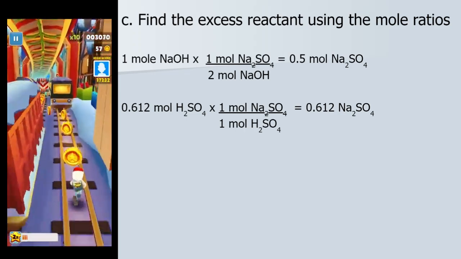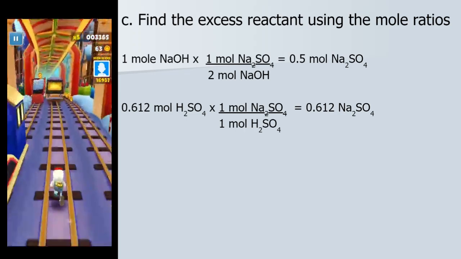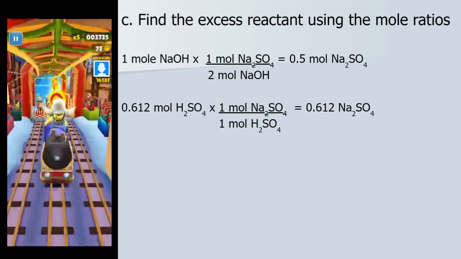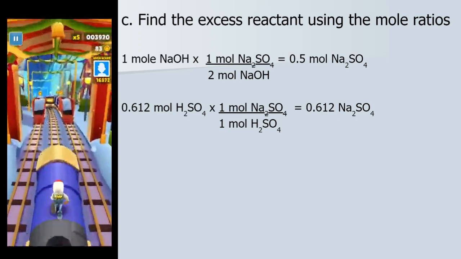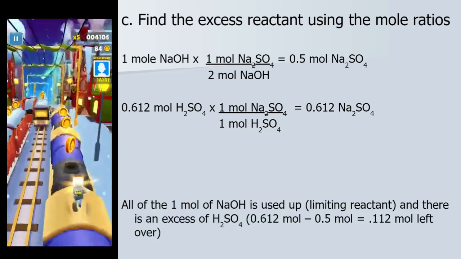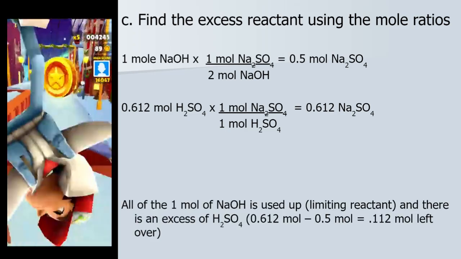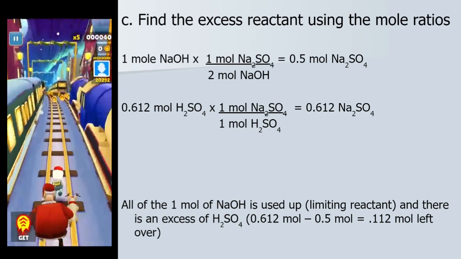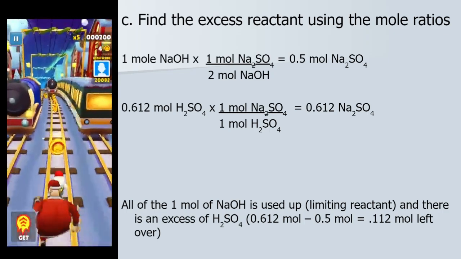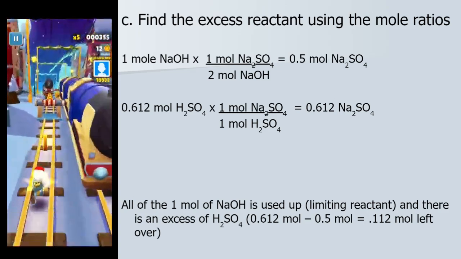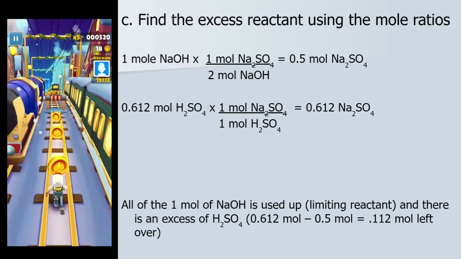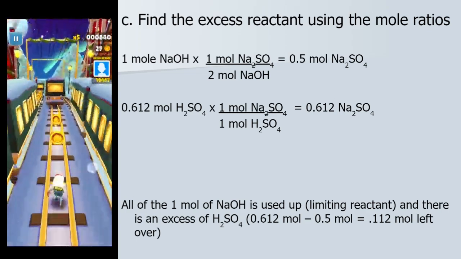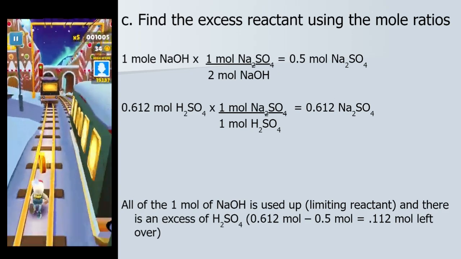Then we'll use the mole ratio for Na2SO4 and H2SO4 to get 0.612 moles of Na2SO4. We can compare the moles that we got from each of these equations and determine that NaOH has to be the limiting reactant since it made less Na2SO4 than H2SO4 did.